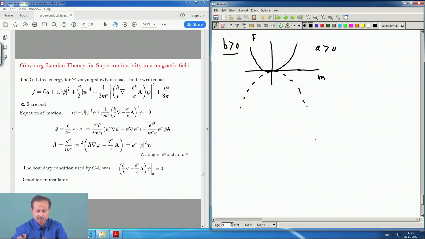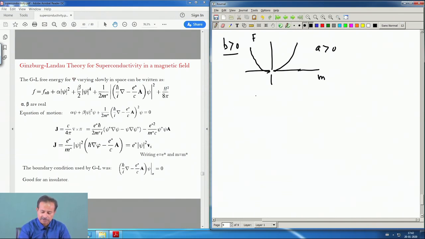That is not allowed. That never happens. So I have to have a positive b, which is this. Now for positive a, the minimum is at m equal to 0. So that is the solution.